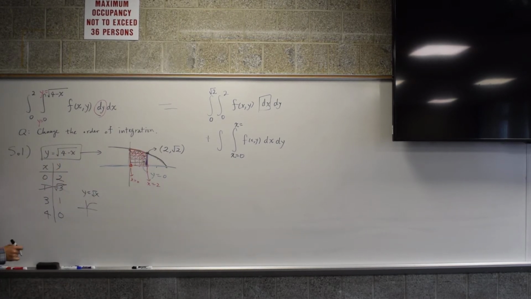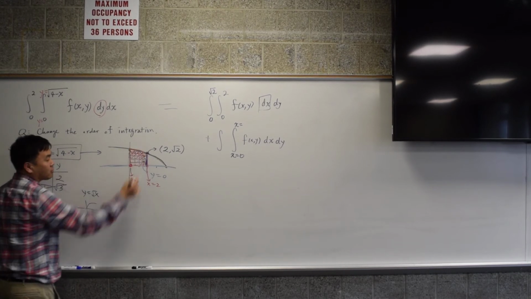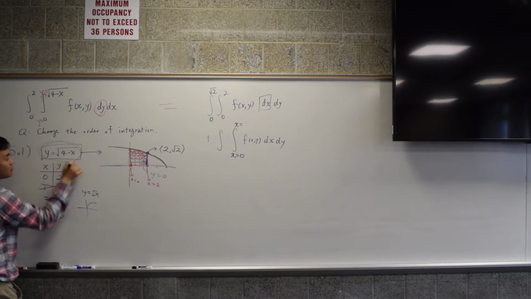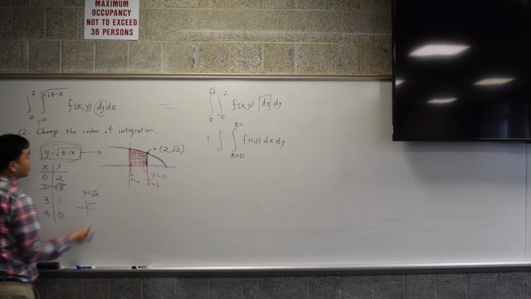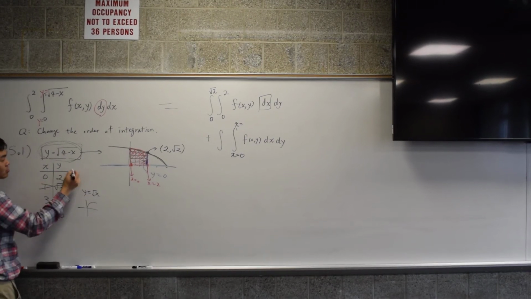How do you do that? How do you describe this curve as x equals something? Yes, solve y for x. You take this, because this is representing this curve here, and solve for x, and that will give you the description in terms of x equal to something. So let's do that.